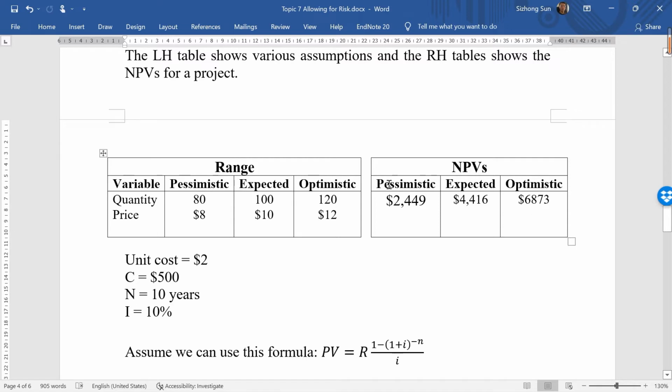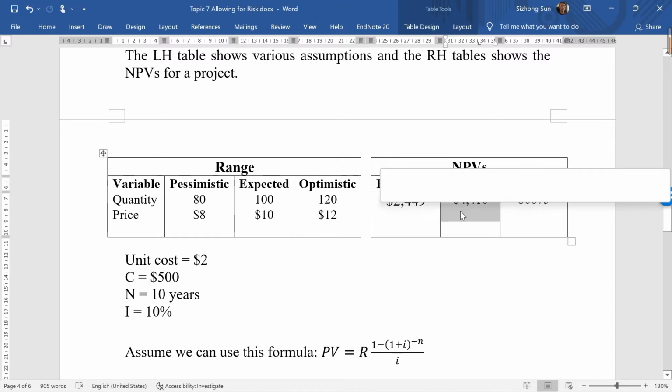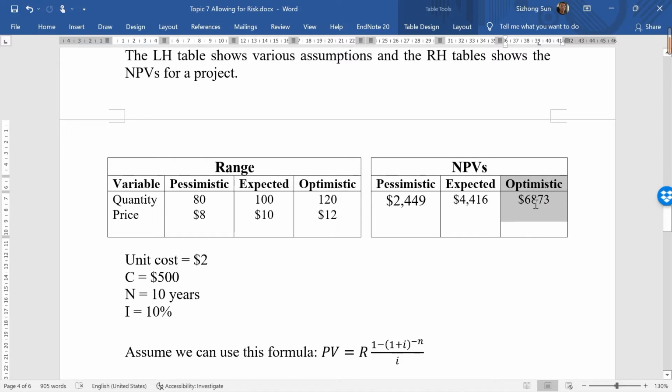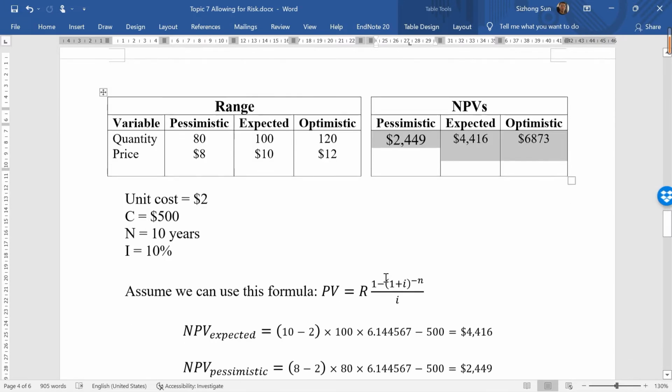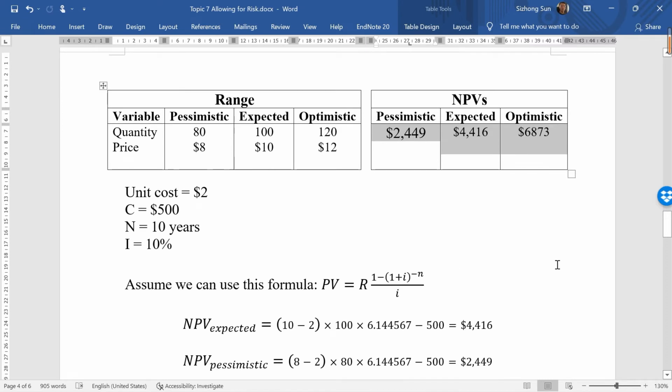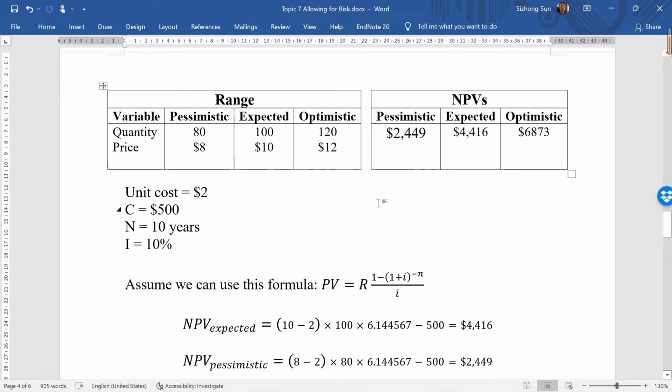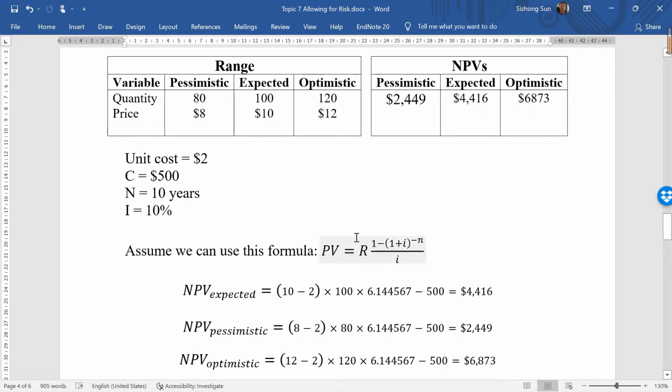Given this information, we can calculate the NPV associated with the pessimistic situation, the expected situation, and the optimistic situation. And we present these calculations to the clients, and clients can make decisions based on these different scenarios. Let's calculate these NPVs.